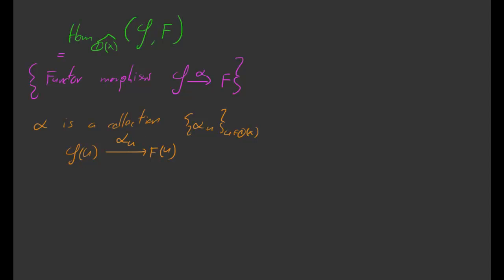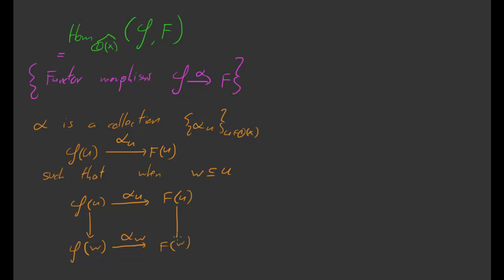And then these maps are required to satisfy a certain naturality condition, such that whenever we have some inclusion W inside of U, the diagram with S of U down along restriction to S of W, across alpha U, alpha W, F of U, F of W, and these are the restriction maps, such that whenever we have this, that diagram commutes.